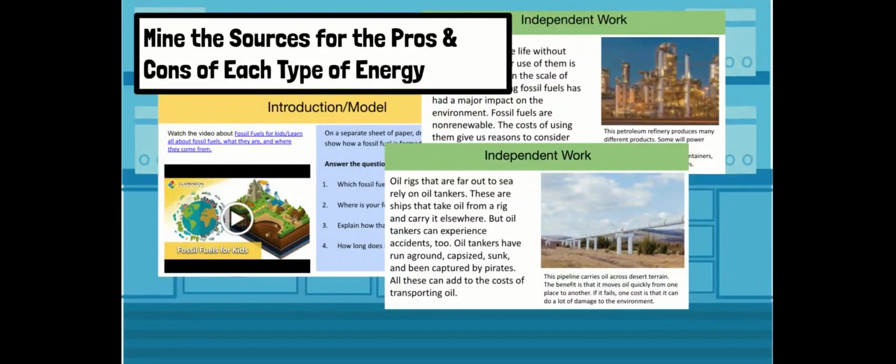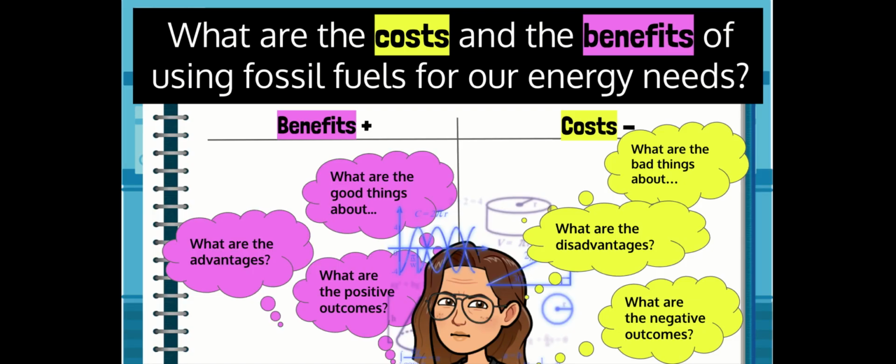In fourth grade, as you read through the videos and as you read through the articles, I know you may have some of your own ideas going into it, but really look at the information and push yourself to uncover the advantages and the positives, as well as the disadvantages and the negative outcomes for both people and for the environment.